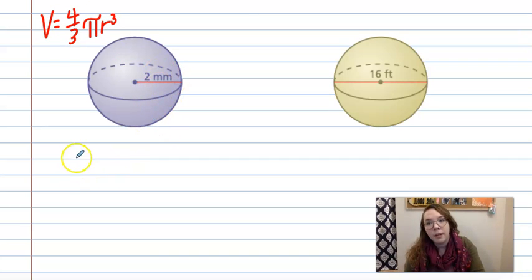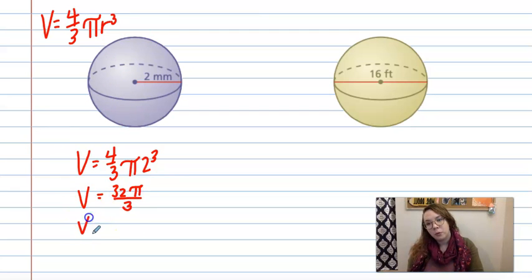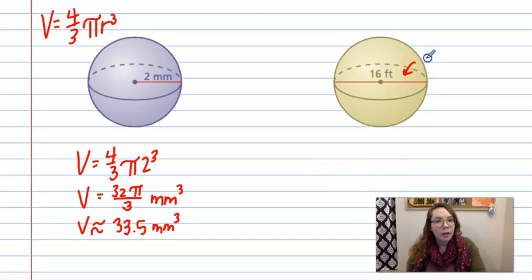All right, in this case, my radius is 2. My exact form, my calculator gave me, was 32 pi over 3, which would make my approximate form 33.5 cubic millimeters. In this case, my radius is 8.